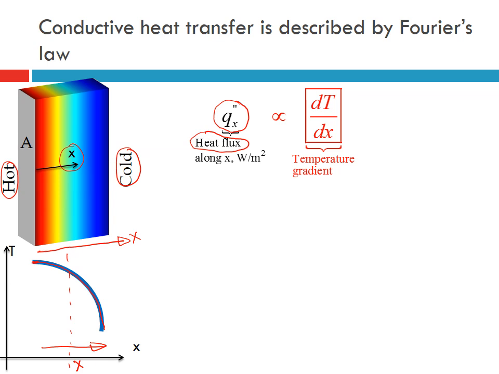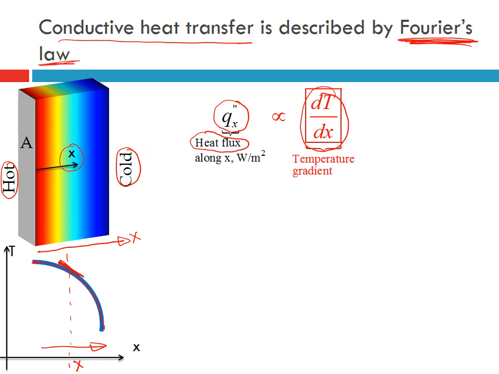That is proportional to the slope of this temperature curve, dT/dx. This is the rate law for conductive heat transfer, known as Fourier's law.